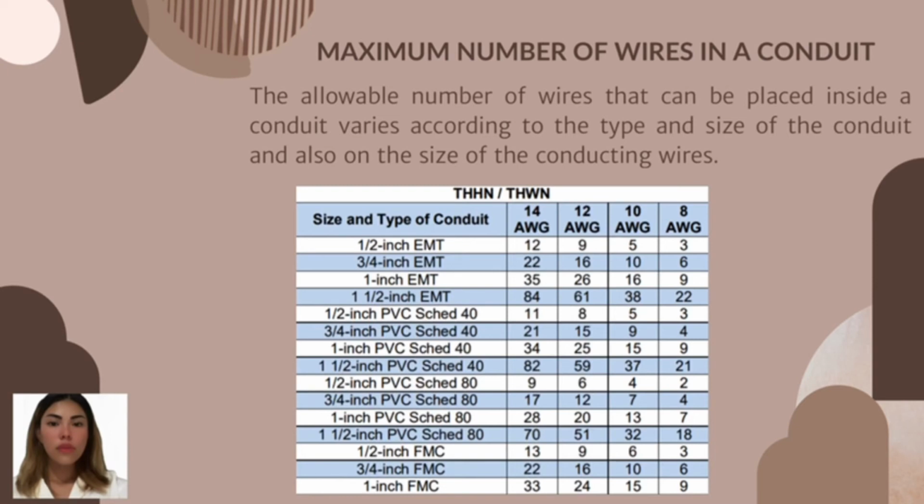For example, THHN and THWN, the most common wire used in residential wiring, will use the following conduit fill table. As you can see, nasa baba yung table na nandito lang yung complete list of the tables na available sa NEC or PEC.